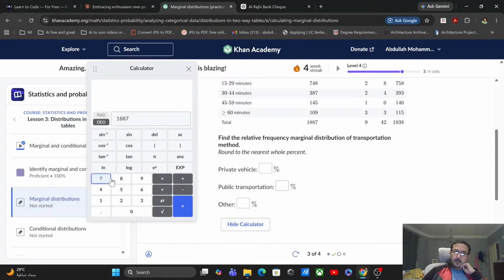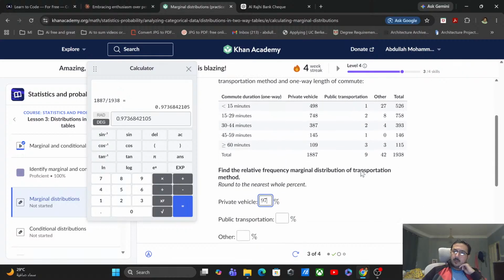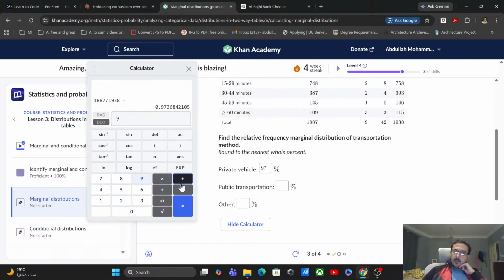1887 over 1938. 97%. I would say this is 0. And public transportation. 9 over 1938.